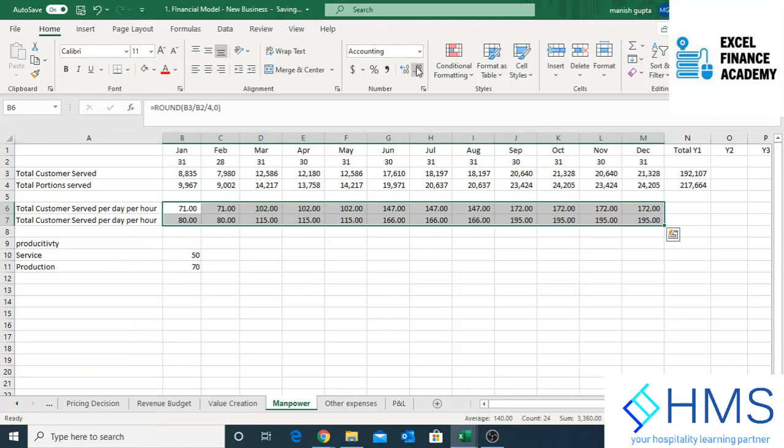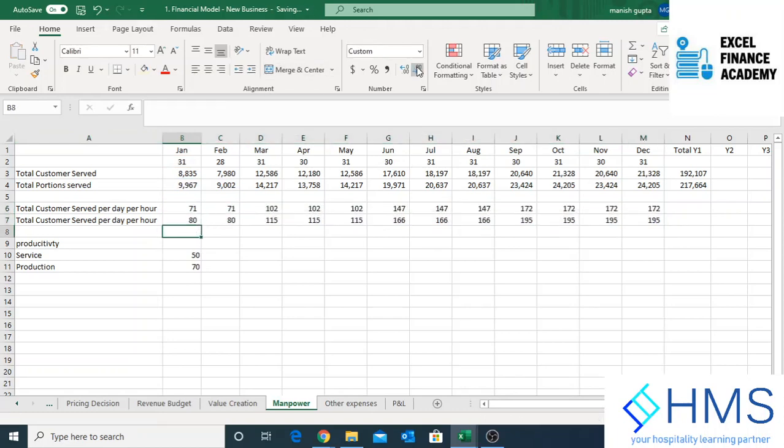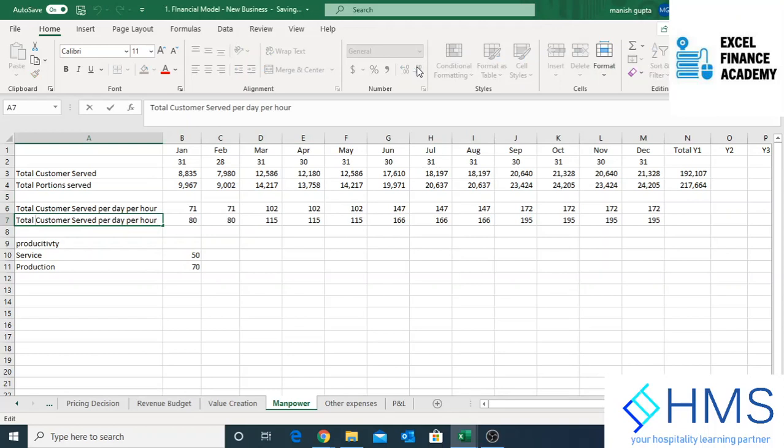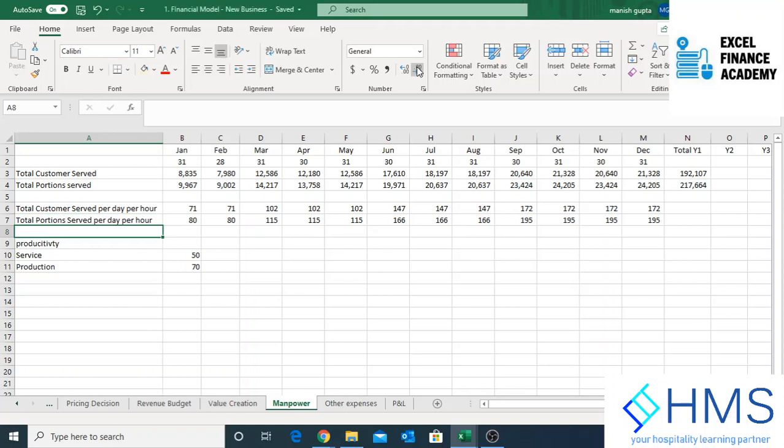Okay, now we get it. So let's say one person is able to handle total production, not the total customers, total portions. If you say that one person can handle only 50 people per hour, 50 seems to be a lot to me. So let's say you are able to serve only 30 people in an hour, because that's how usually you would be able to do.